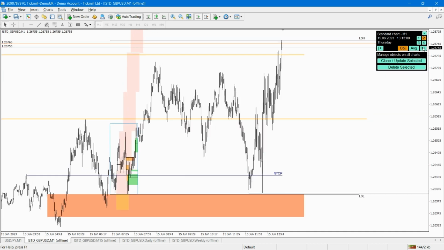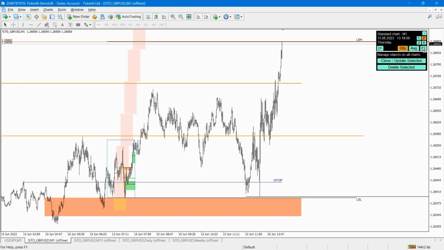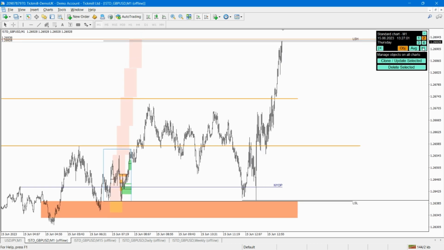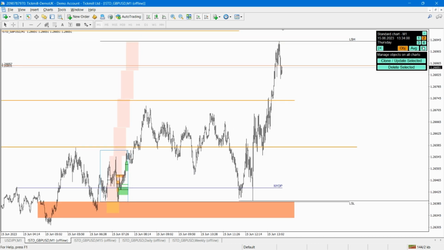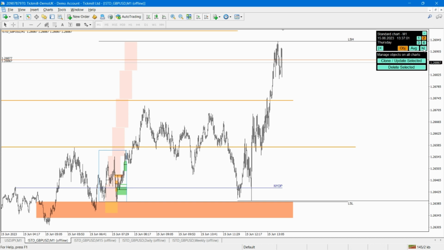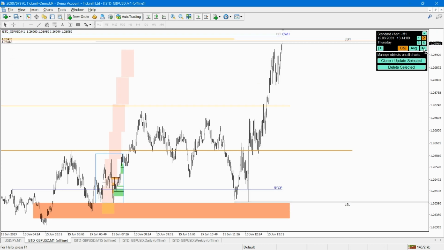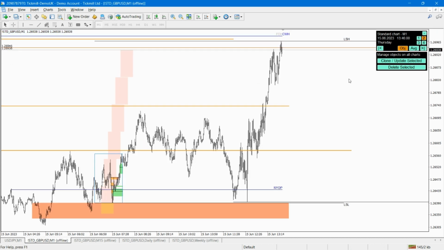I have my 3R at this level, my 4R, and my 5R. And if you look, it is really a coincidence that my 5R is just a couple of pips from this high.